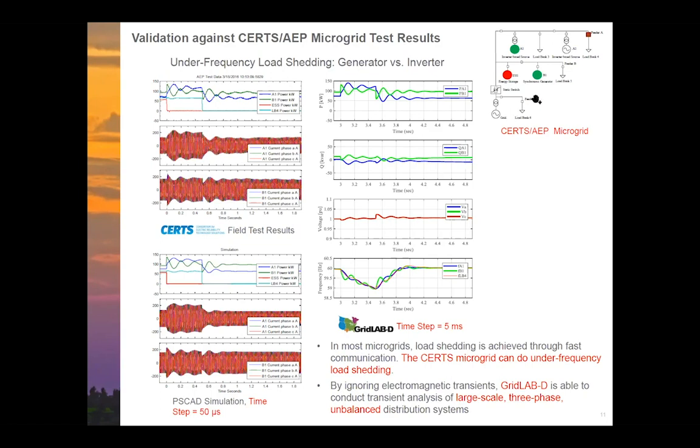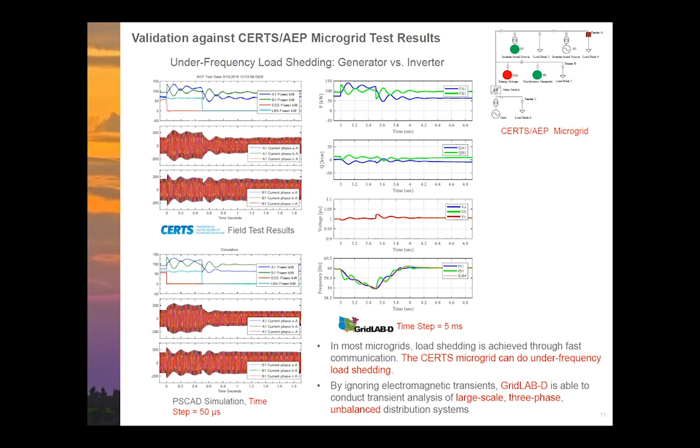As you can see here, at the CERT microgrid, we have three sources: the energy storage, the natural gas-driven inverter-based source A1, and the natural gas-driven synchronous generator-based source B1. And we have a frequency relay installed at load bank 4. For the contingency, we treat the energy storage as an event, and when the energy storage is tripped, both A1 and B1 become overloaded because there is not sufficient generation to supply all the loads.